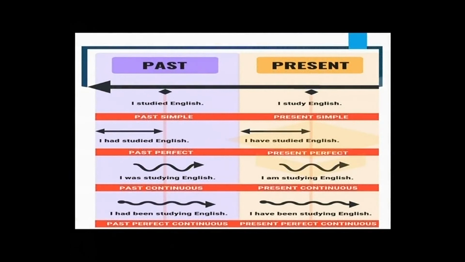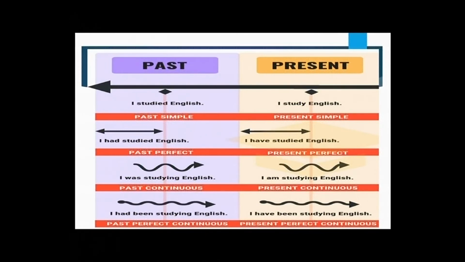And the last, past perfect continuous, I had been studying English. Present perfect continuous, I have been studying English. Here is also the difference of helping verb, that is had and have. In past perfect continuous, we use had.